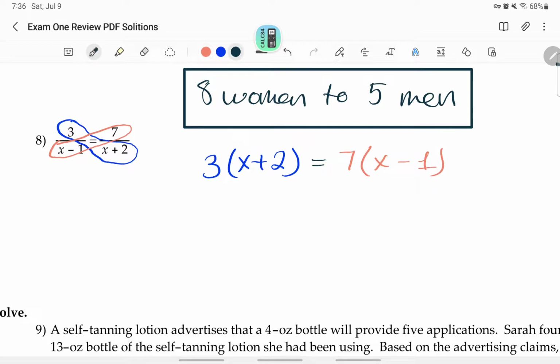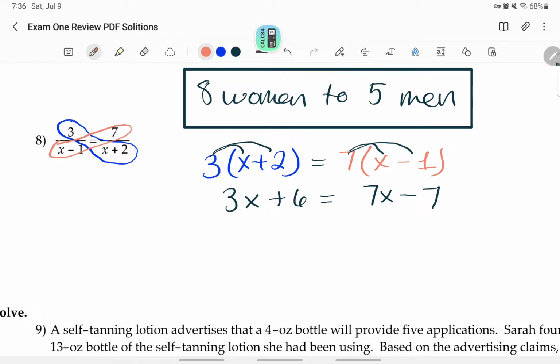And then now we're going to perform distributive property. 3 times x is 3x. 3 times 2 is positive 6. Equals 7 times x is 7x. 7 times 1 is negative 7. Now, let's solve for x.